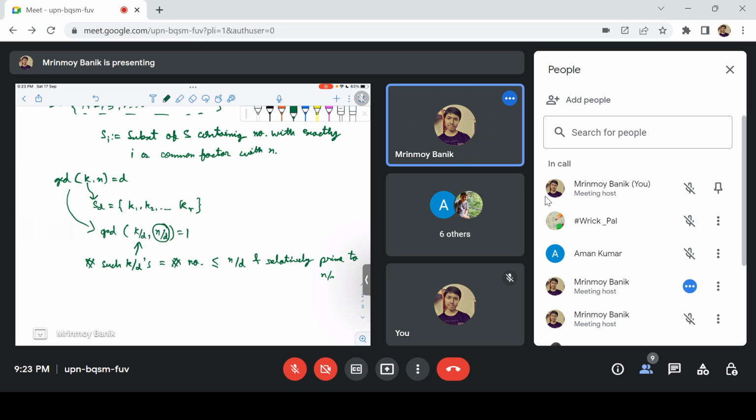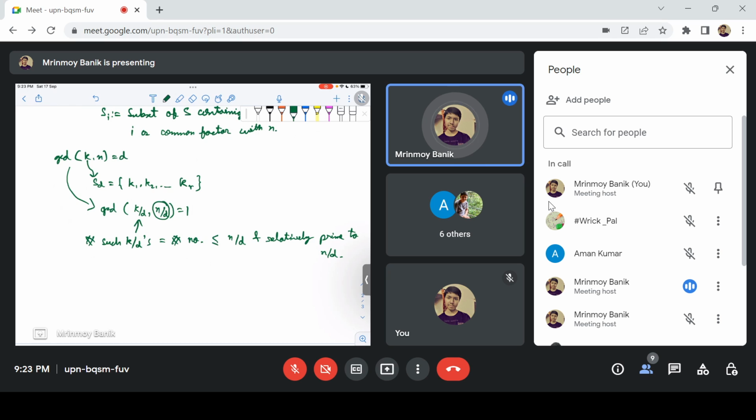So what is the number of numbers which are less than something and relatively prime to it known as? As we had just learned in our previous class, that number is called Euler's totient function of n, or here in this case n by d. So the number of numbers less than n by d and relatively prime to n by d is phi of n by d. That means the number of such k by d's is phi of n by d.